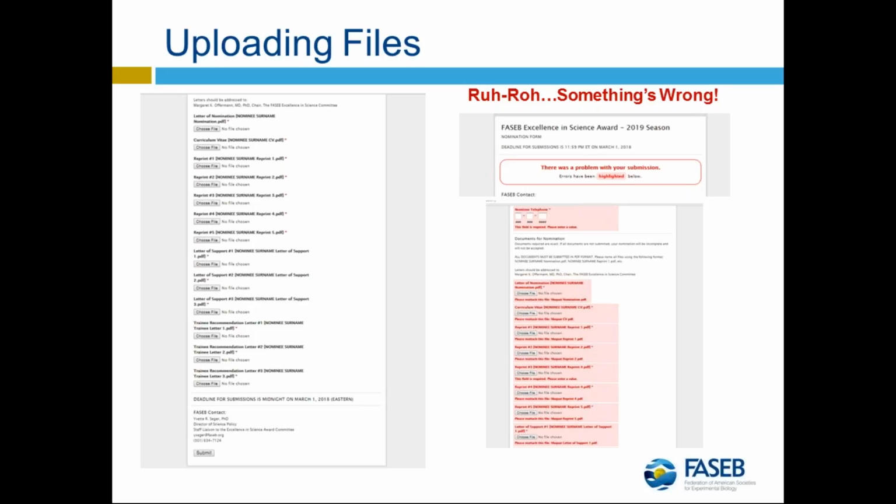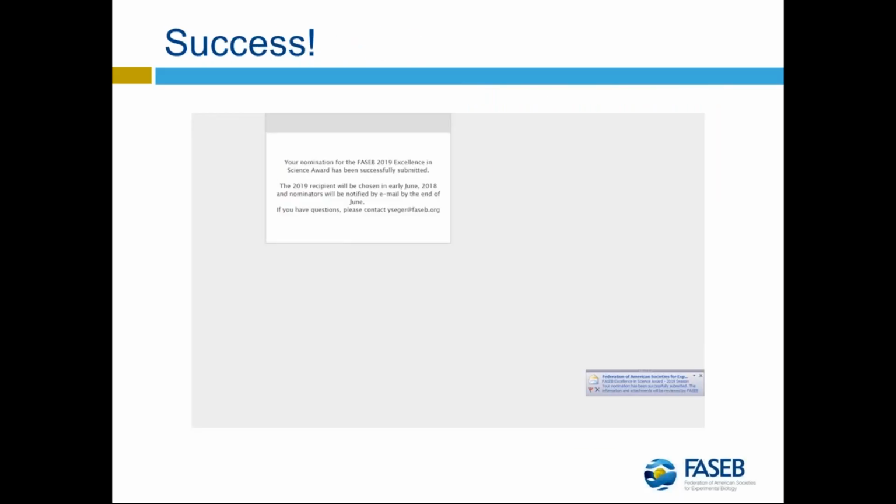But if everything is okay, you will see a confirmation. Here's an example of a successful upload and submission, where you have the confirmation screen. It says your nomination for the FASEB 2019 Excellence in Science Award has been successfully submitted. It gives you a little bit about the timeline.